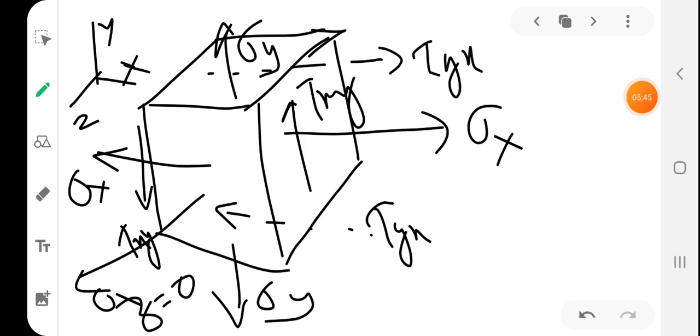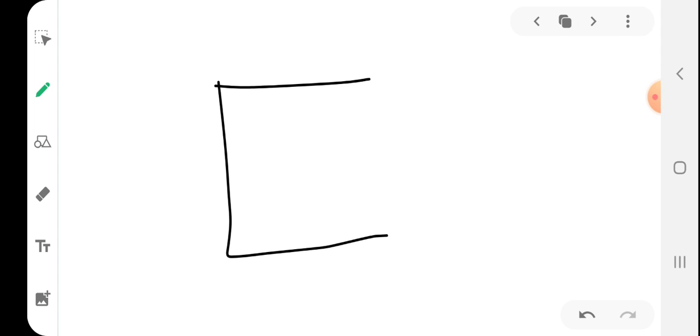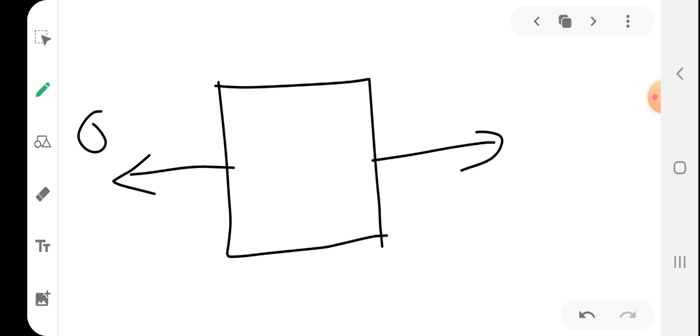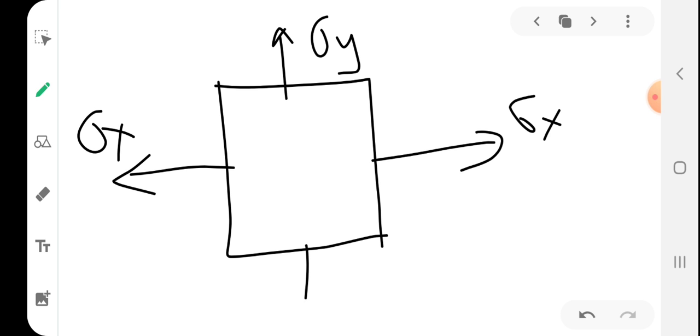I will show it in 2D form itself. So this is our state of stress. Sigma x is there, sigma y is there. Here I am considering tensile stress. It can be tensile or compressive; compressive means opposite direction.